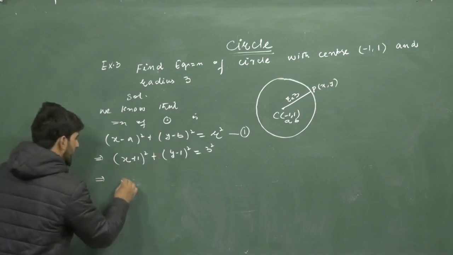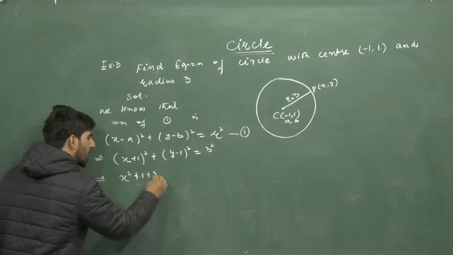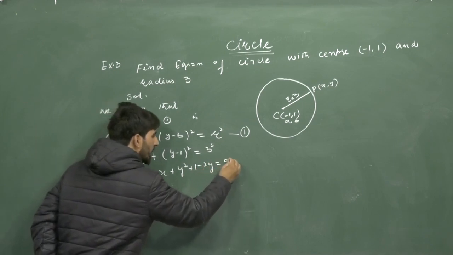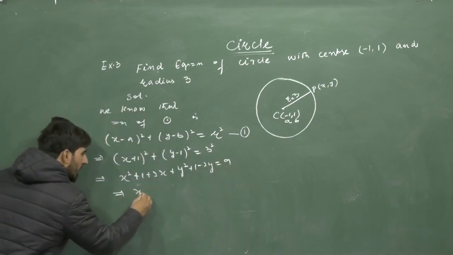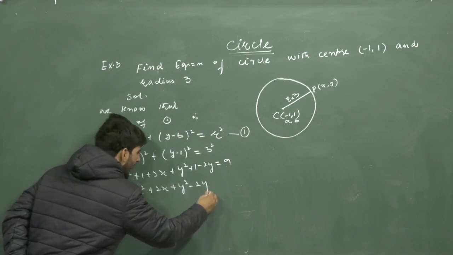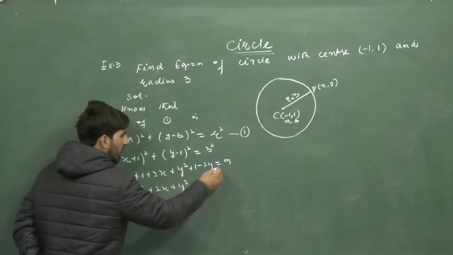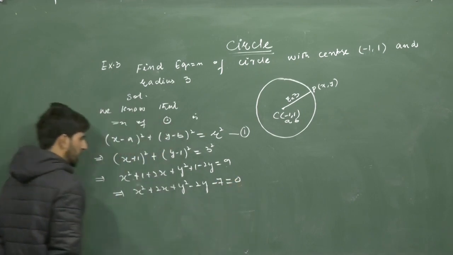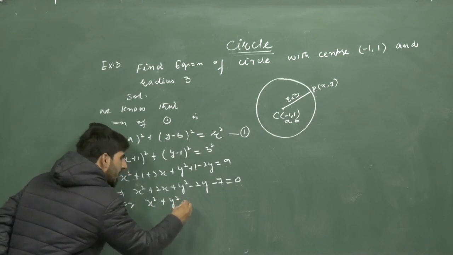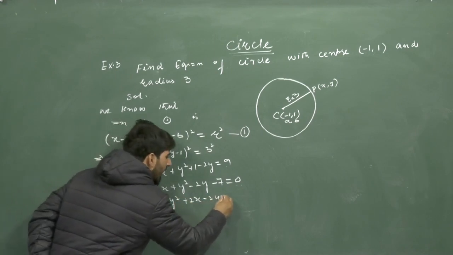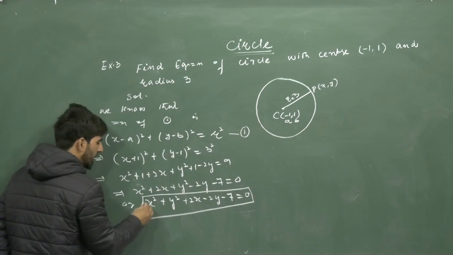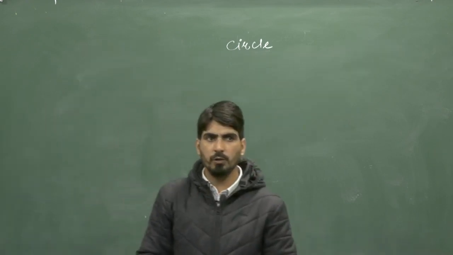On expanding this, x^2 + 1 + 2x + y^2 + 1 - 2y = 9, which gives us x^2 + 2x + y^2 - 2y + 2 - 9 = 0, or x^2 + y^2 + 2x - 2y - 7 = 0 will be the equation of the required circle. Let's take example number 4.